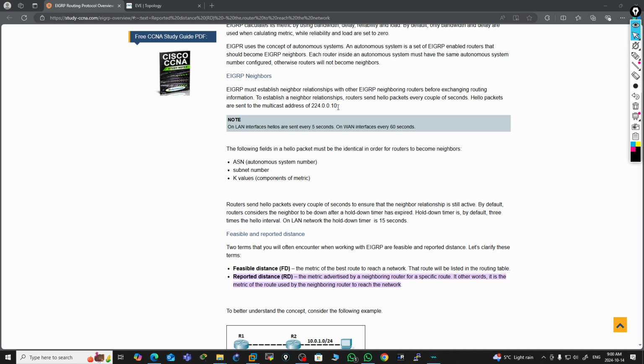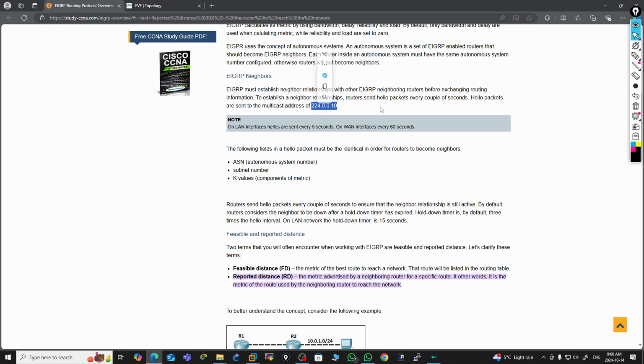One of the advantages of EIGRP is the convergence time, which is very short compared to other dynamic routing protocols. What that means is that EIGRP is going to send updates only if there's a change in the network. If it senses that a route is down, it's going to send a packet to the multicast address 224.0.0.10.